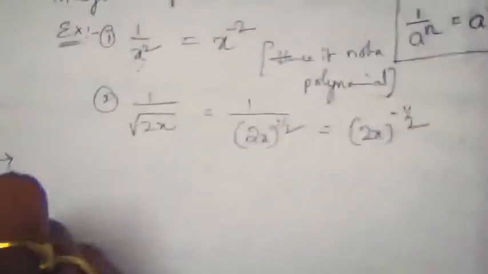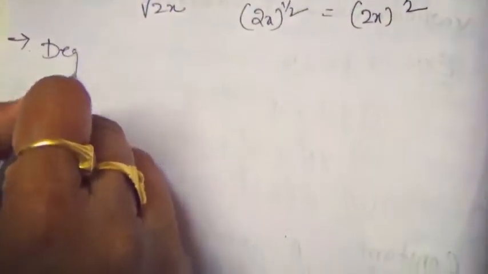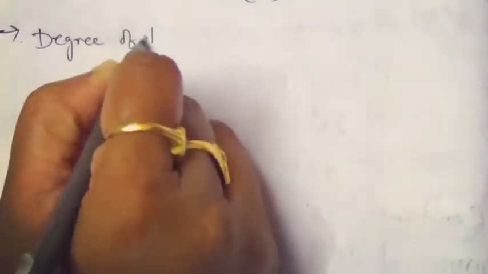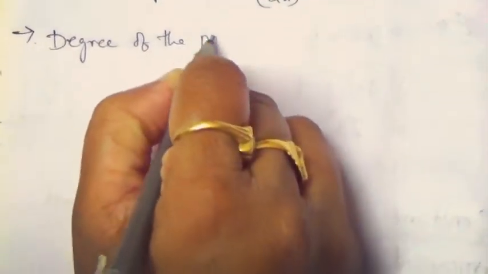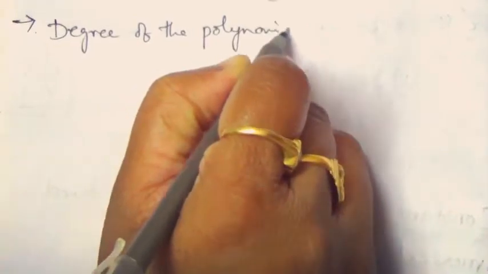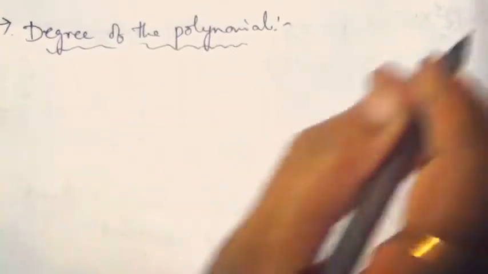So first of all, you have to find out the degree of the polynomial for the expressions. What do you mean by the degree of the polynomial? Degree means power. So what is the degree of the polynomial?